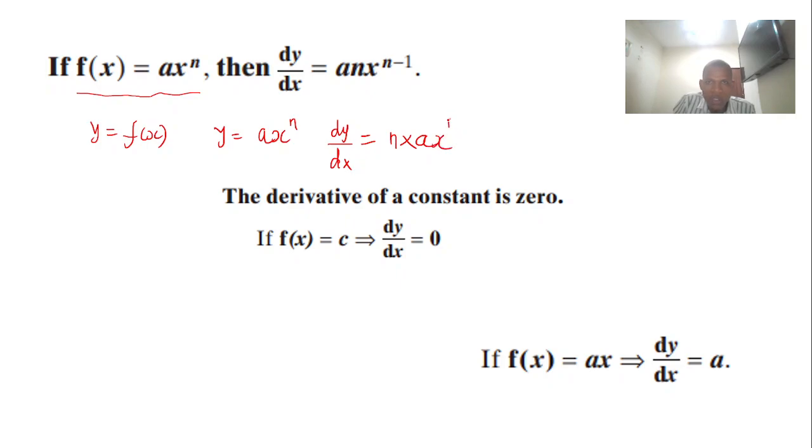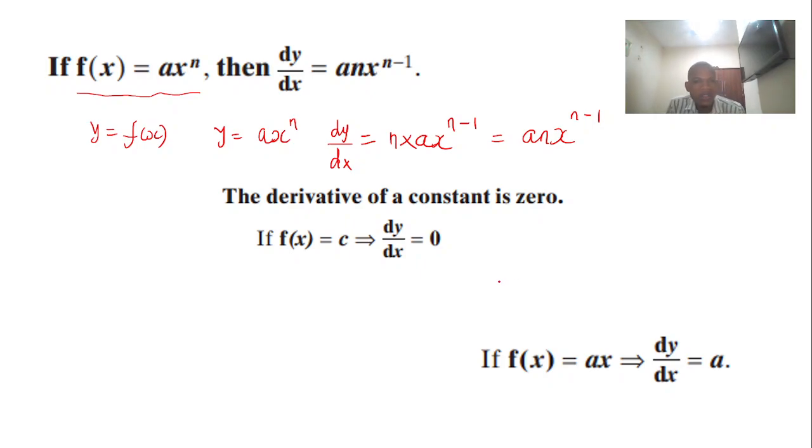Then now you are going to subtract 1 from the power. So basically you have to move the power to the front, becoming a multiplier, then subtract 1 from the power. So which means if I differentiate a x to the power of n, I'm going to get a n x to the power of what? N minus 1. Okay, so this is the first law that you have to know.